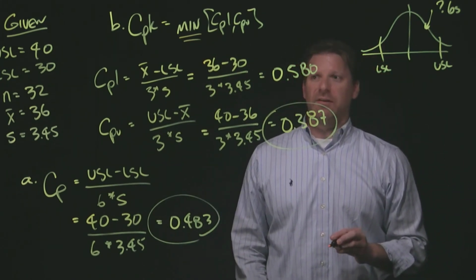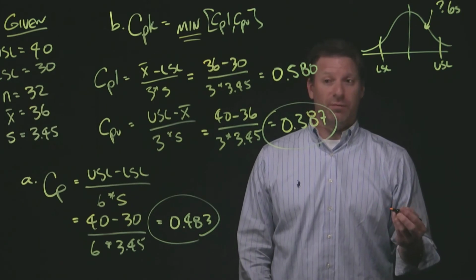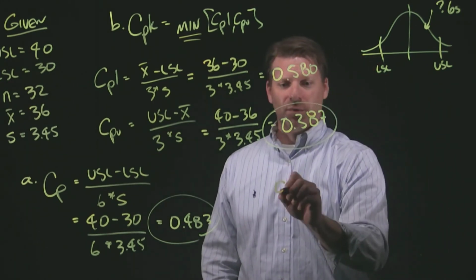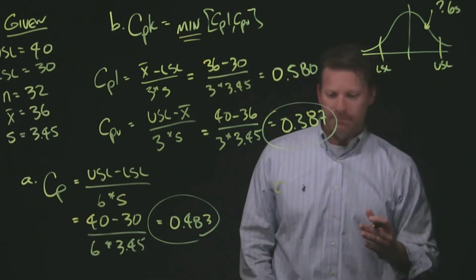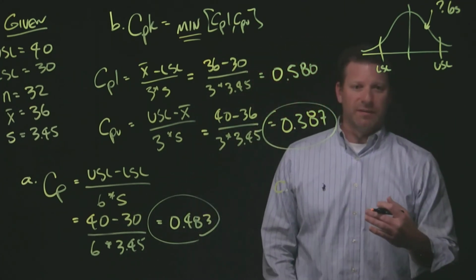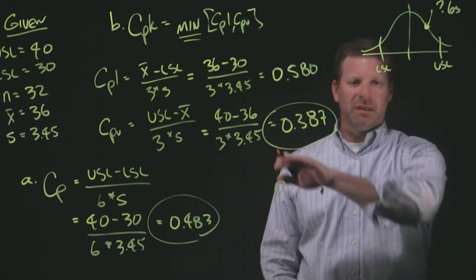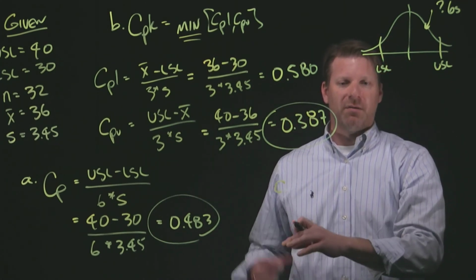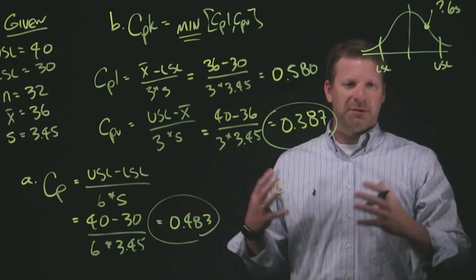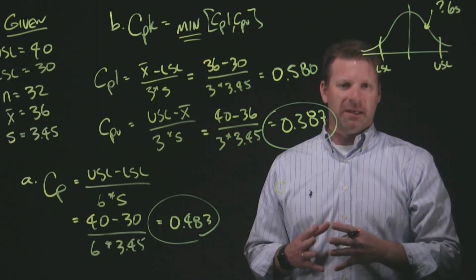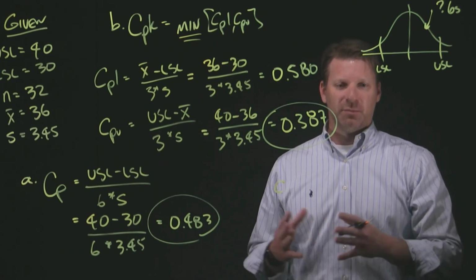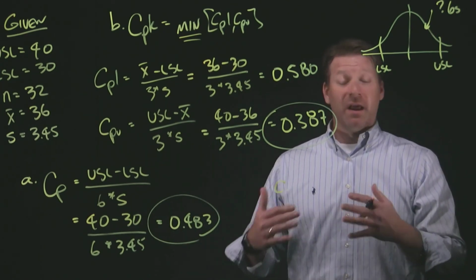We can then look at the rules that we talked about in the introductory section on capability studies. Those rules, if you remember, said we have a capable process if the CPK value is greater than 1.33. That's our current standard. We can talk about when those standards would be different later. We're talking about medical studies and aircraft and automotive manufacture and some very specific areas where we might have a bit of a different standard.